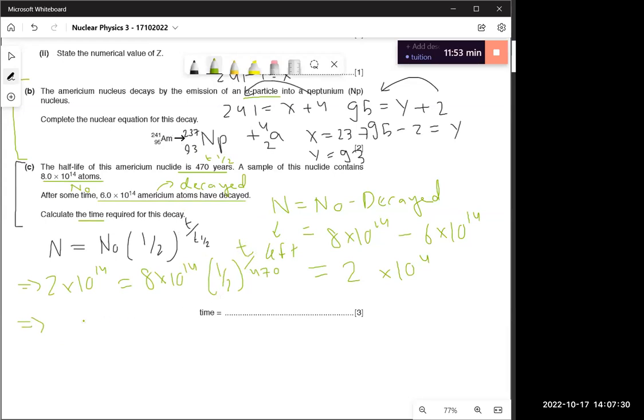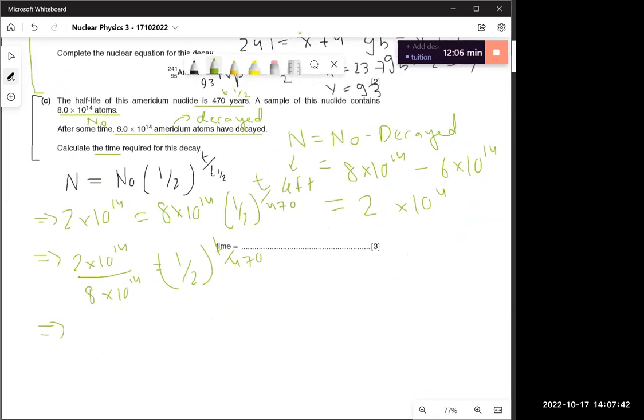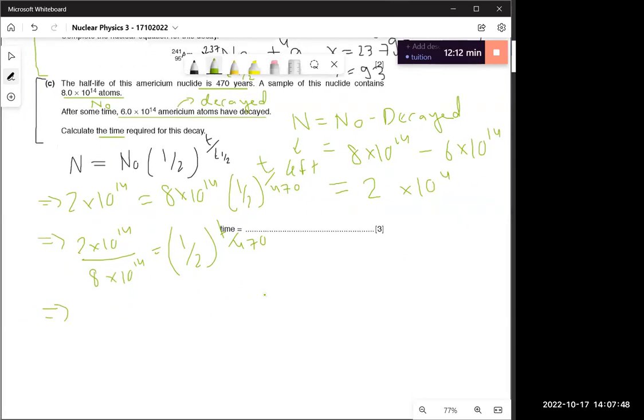So first you can take 8 into 10 to the power 14 there. This will become divided by 8 into 10 to the power 14. Half raised to the power 347. 1 second, I'm doing that thing once.